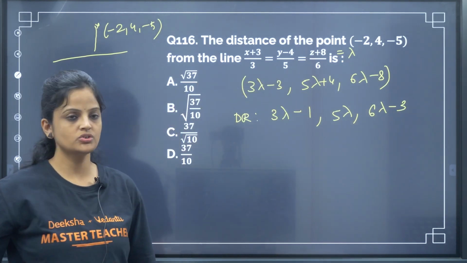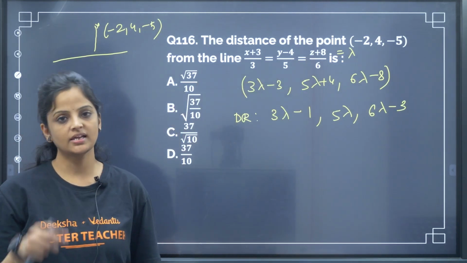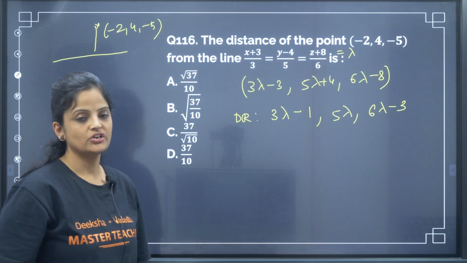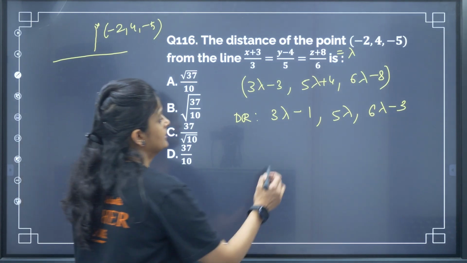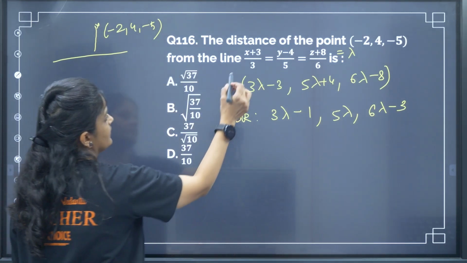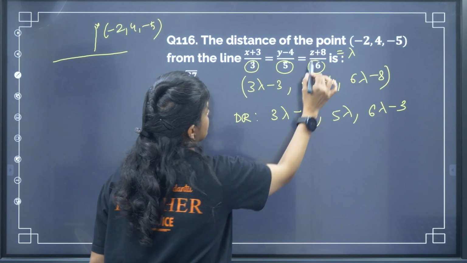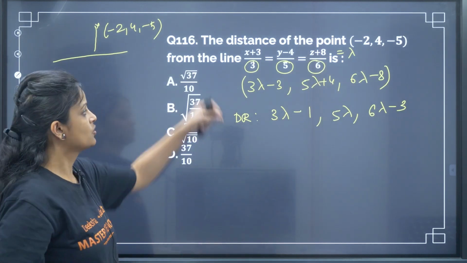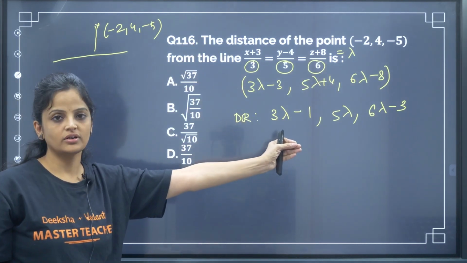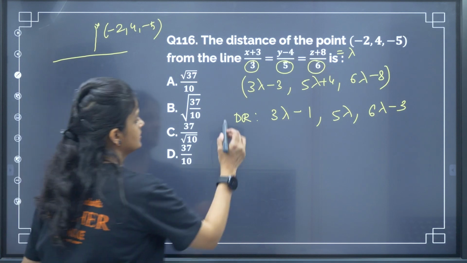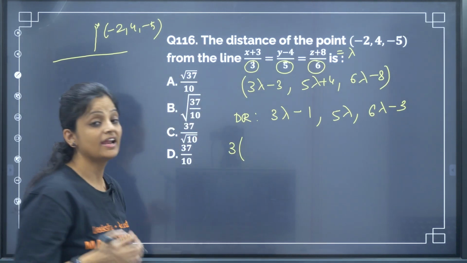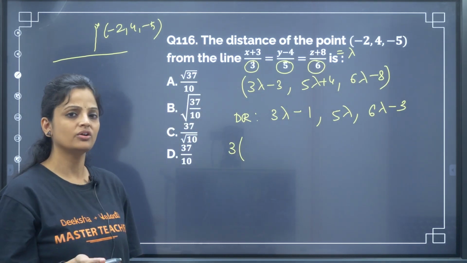Hope everyone knows how to get these basic direction ratios, right? So when you have DRs of the line and DRs of what we have got, just take the equation from here to get the lambda value. This is what we have to do in all the questions.